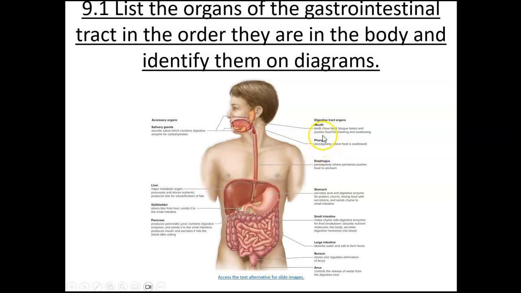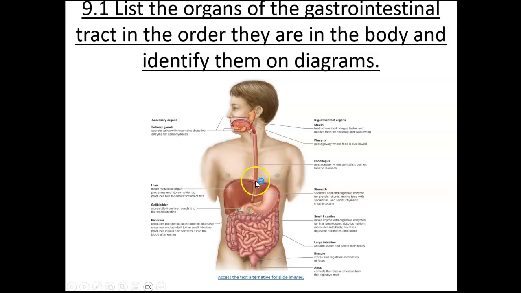We talk about the pharynx in the respiratory tract and the digestive tract, but both of them mean the throat. Your food and your air pass through this passageway. And then we go down through this tube called the esophagus. Notice here, the esophagus uses peristalsis. It uses these rhythmic contractions to push your food from the top to the bottom. And then that goes into the stomach.